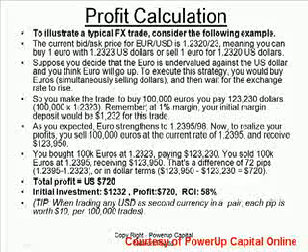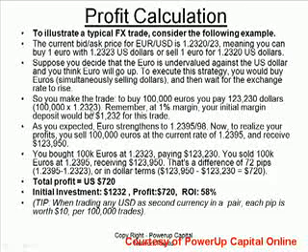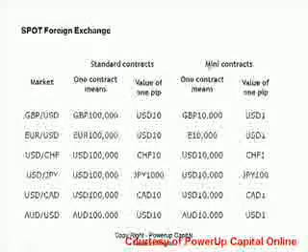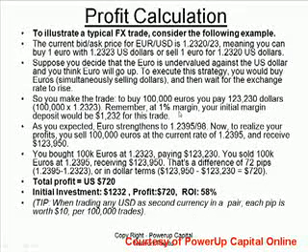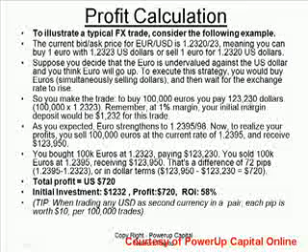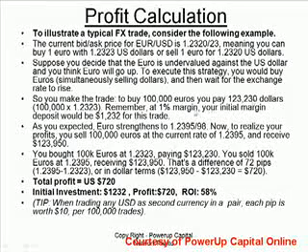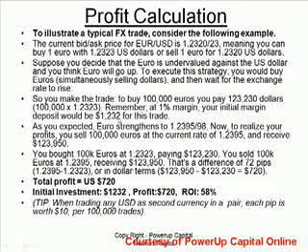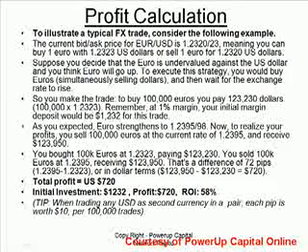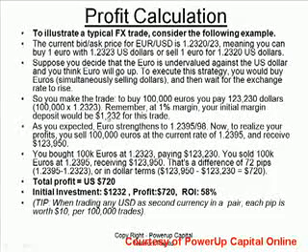However, whether you do a standard or a mini contract, your investment is just 1%. So all you need to do is pay 1% of 123,230, which is $1232.3. If you're doing a mini contract, you would pay only $123, which is 1/10 of the standard.